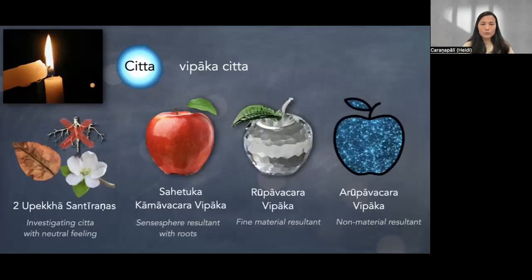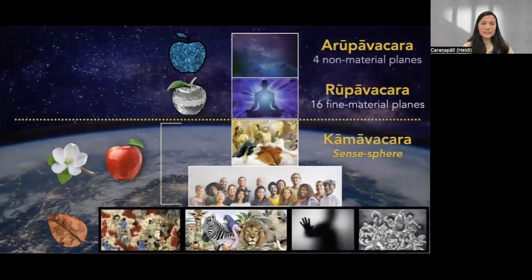So let's take a look. If a being is reborn with the investigating consciousness of the unwholesome resultant, then he will be reborn into one of the 4 lower realms. So all beings in the lower realm have this investigating consciousness as their rebirth consciousness.